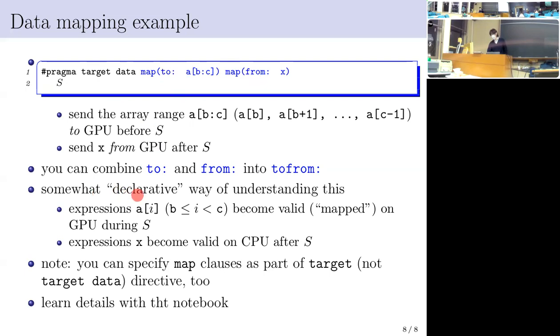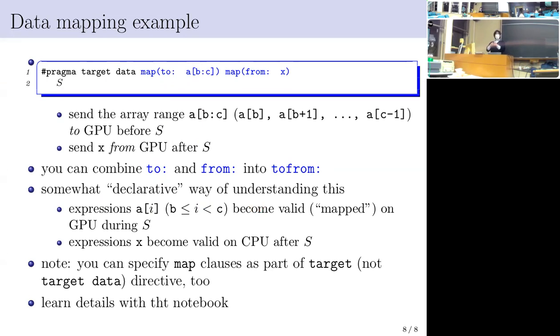But a somewhat more declarative way of understanding the meaning of these map clauses is that when you write something like this, you can think of this clause as a directive instructing that expressions of this form, A[I] where I is between B and C, become valid.